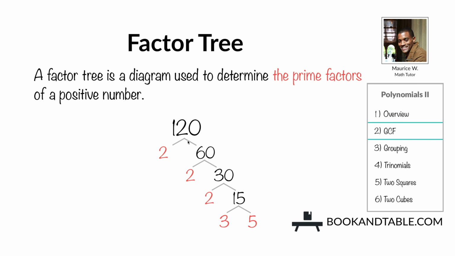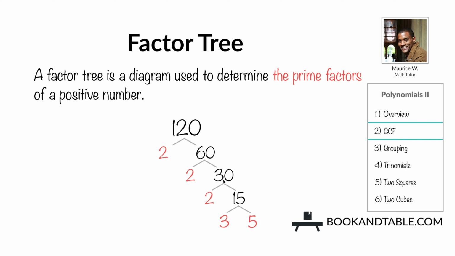Let's say we had a different number, 120. Let's take a look at the factor tree for this number. Since it is an even number, we can split it in half, giving us 2 times 60. 2 is a prime factor, so we can leave that side. So we'll take a look at 60. 60 can be broken up into 2 times 30. 2 is a prime factor, so we'll leave that side.